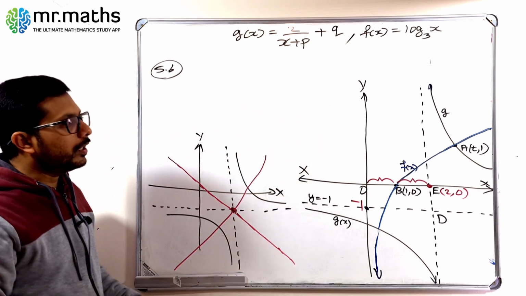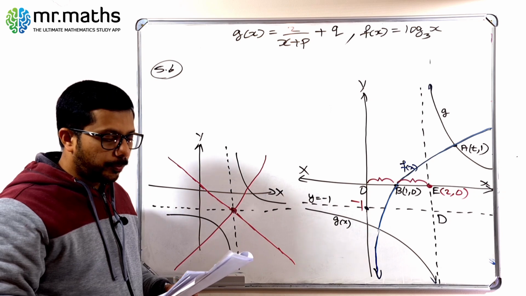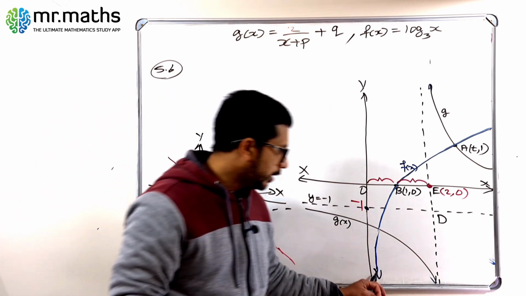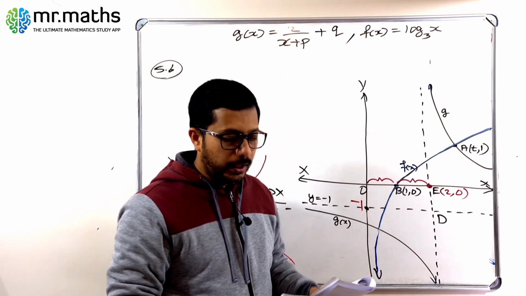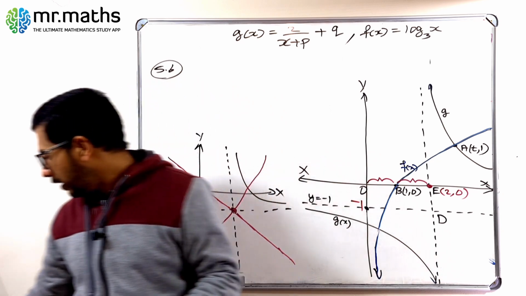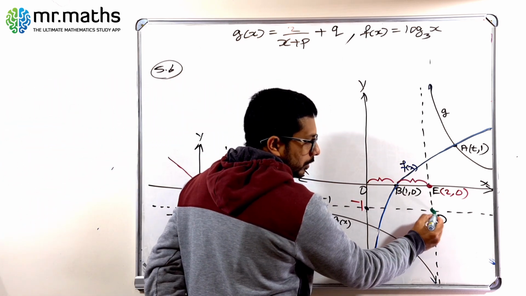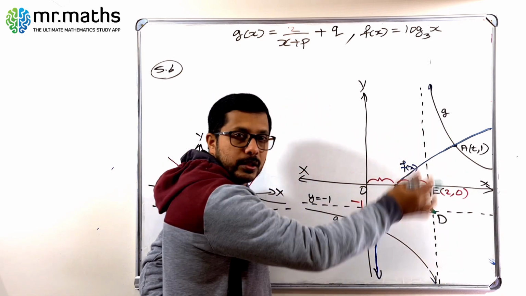Now look at our question. Determine the point of intersection of the graph of f and the axis of symmetry that has a negative gradient. This is the point where the two asymptotes intersect.